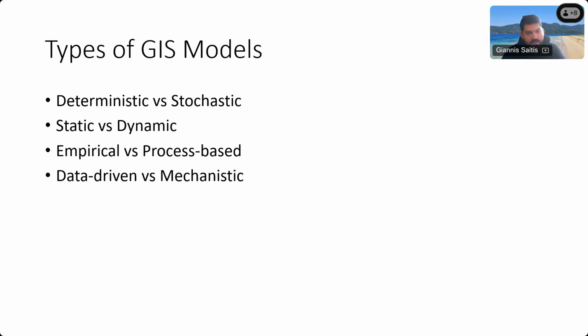Empirical models, you may have heard about that, are based on observations and data. So in here we have high influence of the researcher, the person who is providing the data.